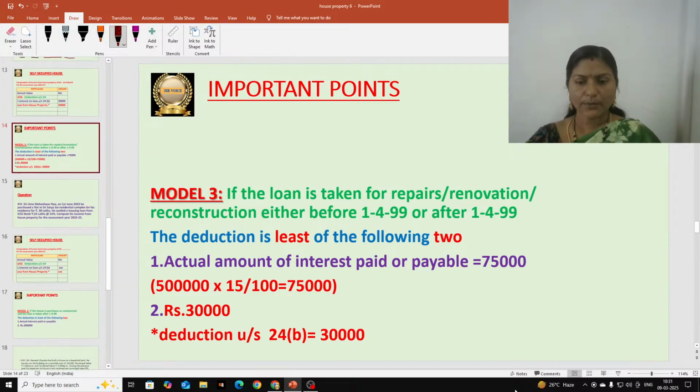So these are the 3 problems that I discussed with you all. Okay, hope this is clear.